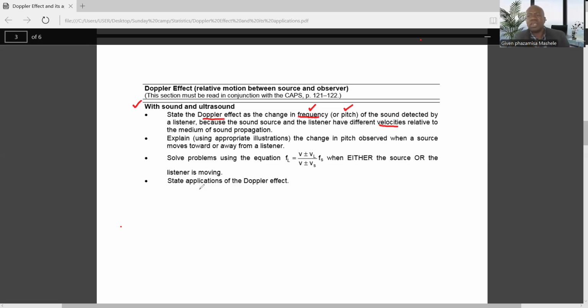This is defining the term Doppler's effect.